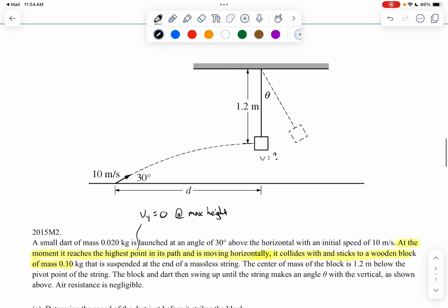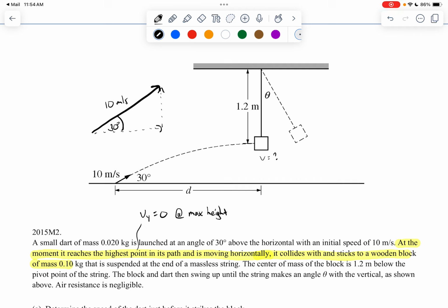Now with our initial velocity, we know we're traveling at a rate of 10 meters per second at our angle of 30 degrees.